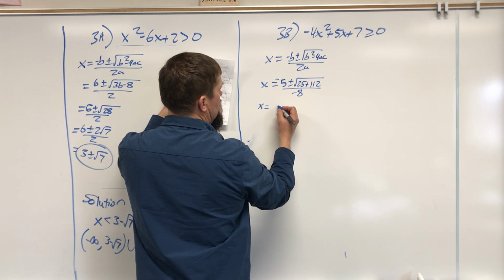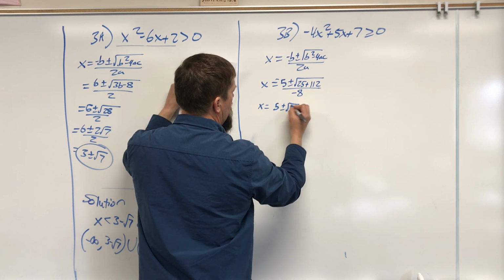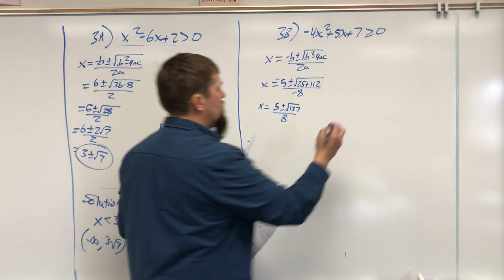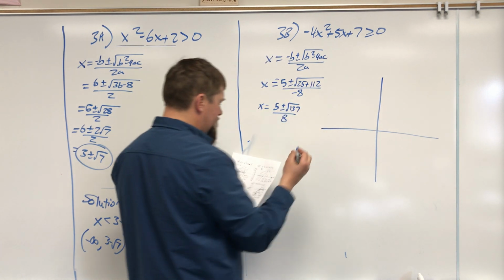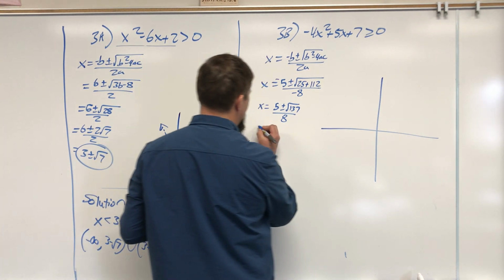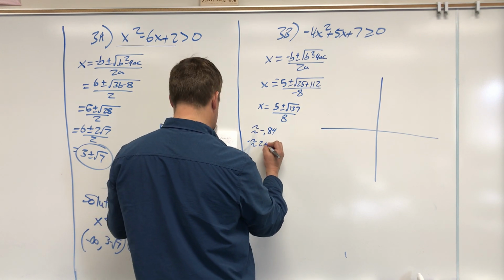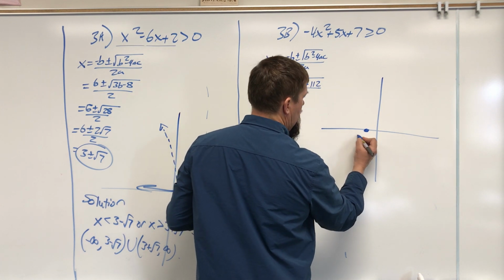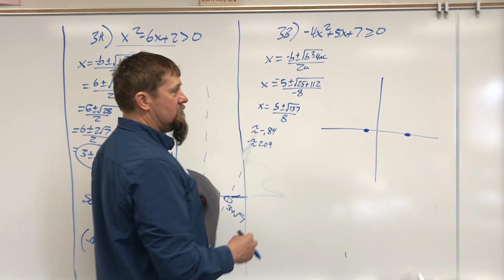So x is equal to, you can cancel those negatives, so 5 plus or minus the square root of 137 over 8. Those are my two solutions. If you estimate them, they're approximately negative 0.84 and approximately 2.09. So it's right in here and right in here. Those are my approximate answers.